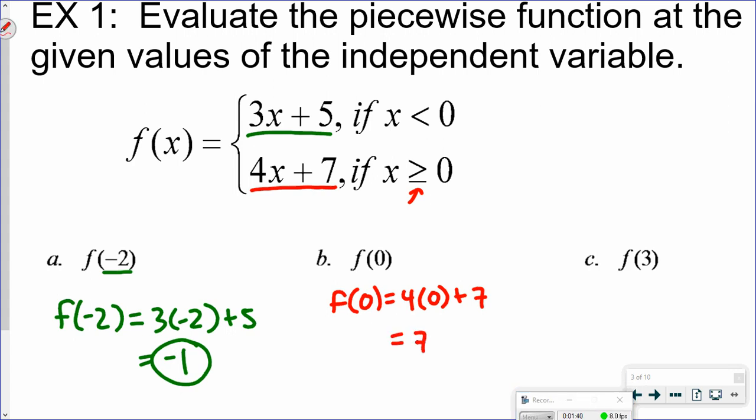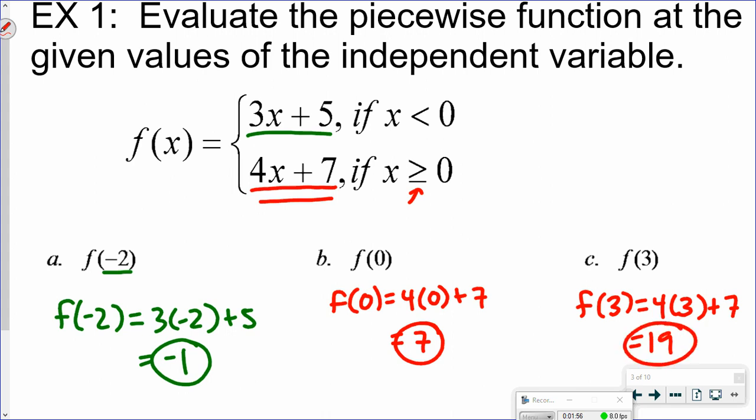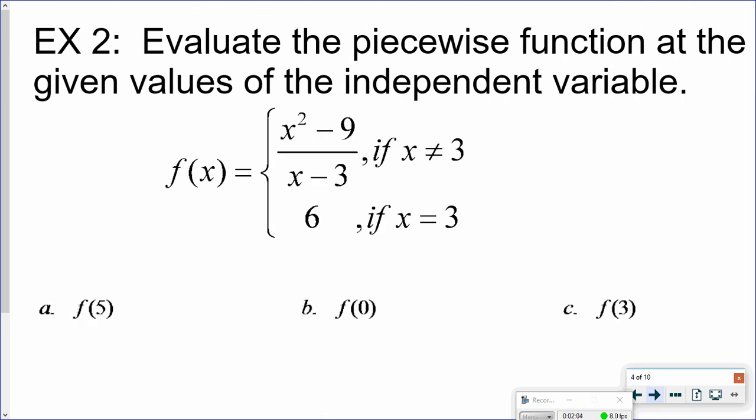So then I get 7. And then for f of 3, I also want this one. So f of 3 equals 19. Okay, 3 is greater than 0, so I know I want the bottom one. All right, same thing.